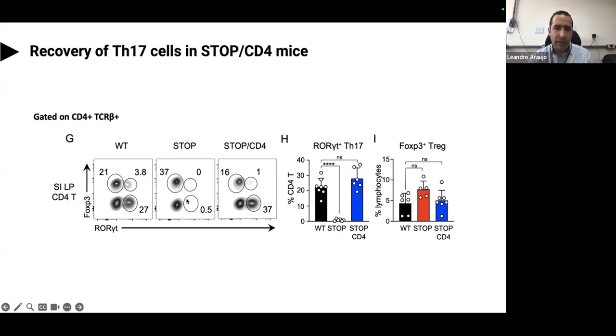In the stop mice, we lost all the T cells that express RORγt in the small intestine. And in the RORγt stop CD4 Cre mice, we rescue this RORγt expression in T cells, as you can appreciate here, and you have normal numbers of regulatory T cells comparable with the wild type.